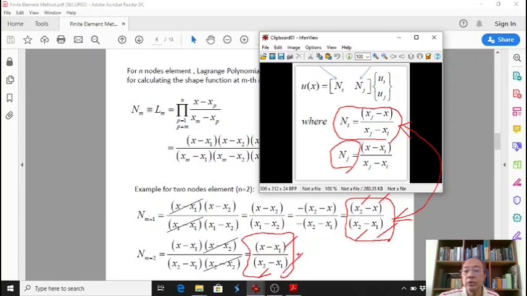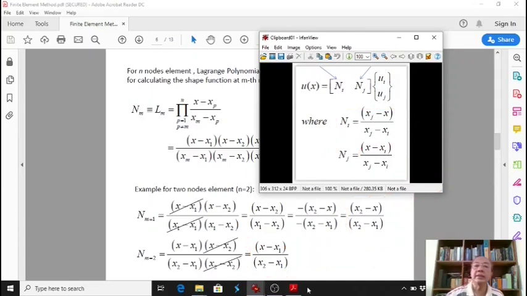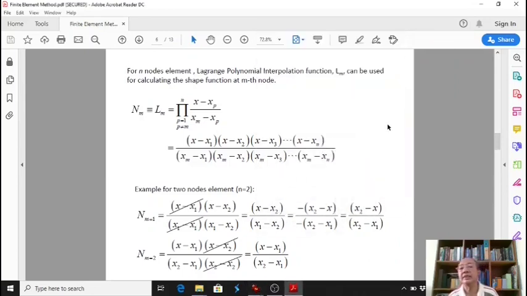So this is also the same. So the Lagrange polynomial interpolation function can help us find n1 and n2, the shape functions. The shape function can be found by using the Lagrange polynomial interpolation function.